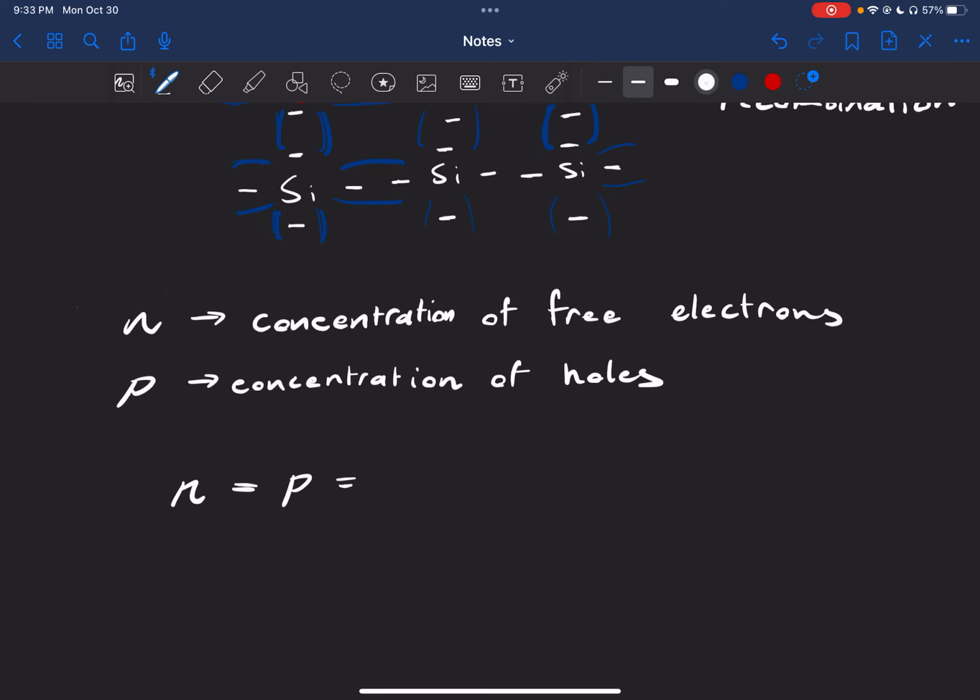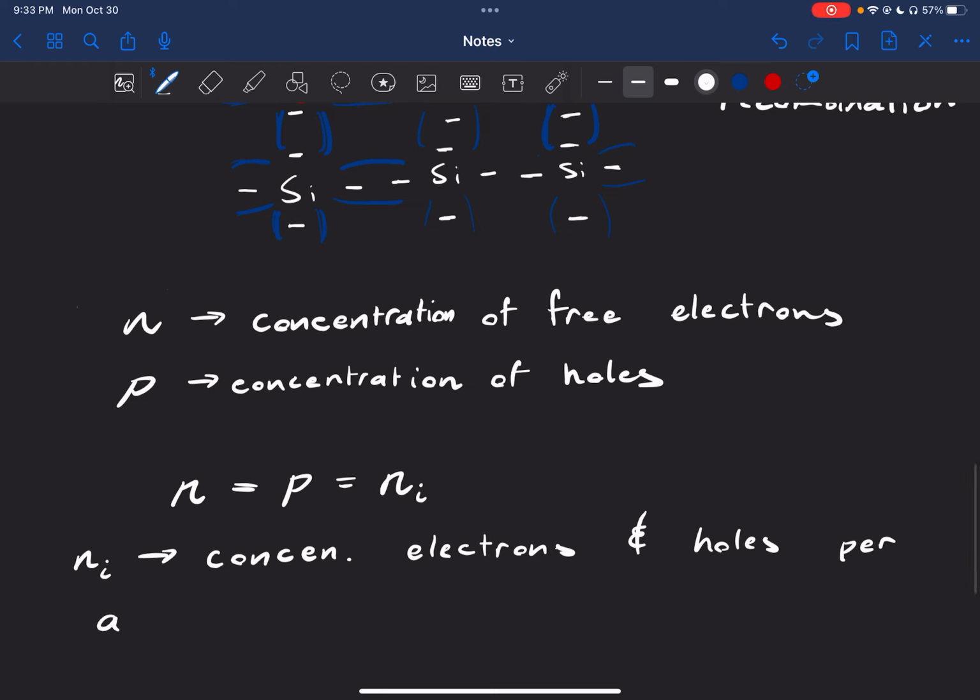And from here we could also say that that's equal to n_i, where n_i refers to the concentration of electrons and holes per unit volume in intrinsic silicon.